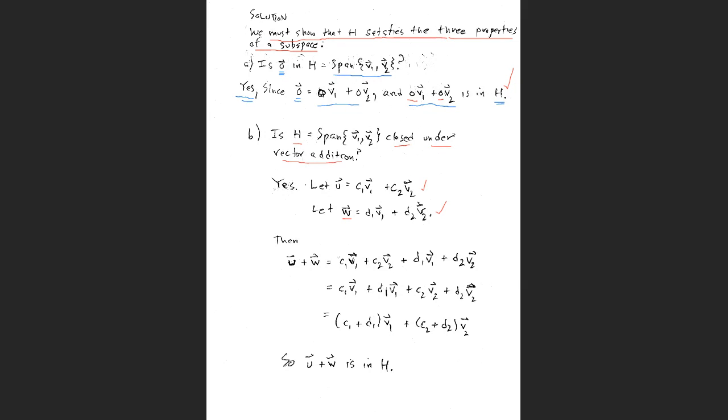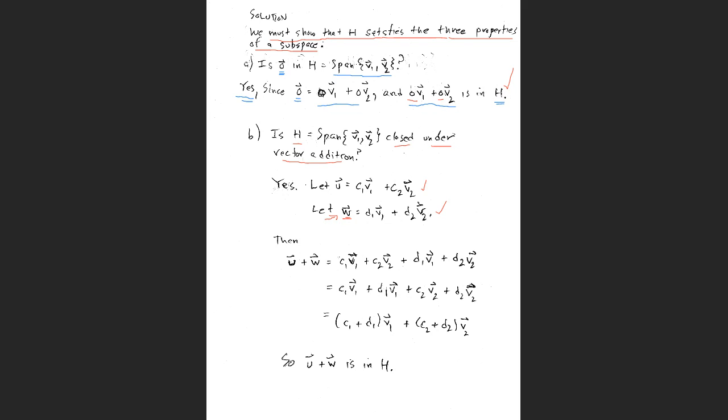The only reason I did that little example was so that you could have an example of a subspace in your mind, and I called that space W. But now that's in the past, and there's no space W. There's only space H. I'm defining two vectors, vector u and vector w.